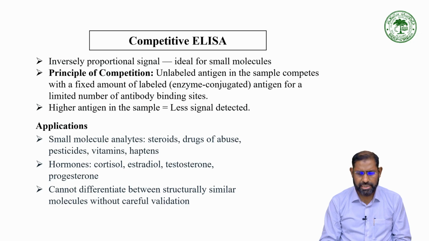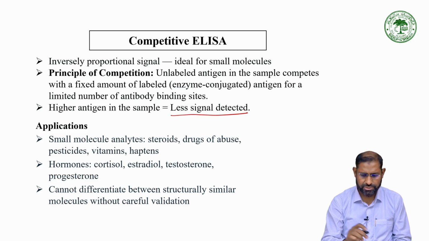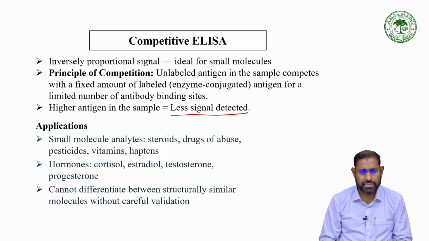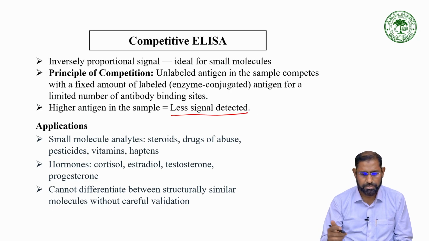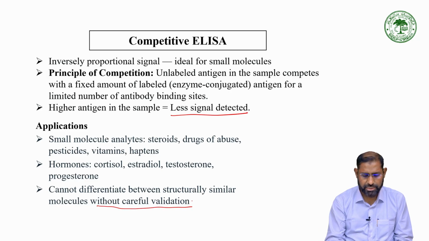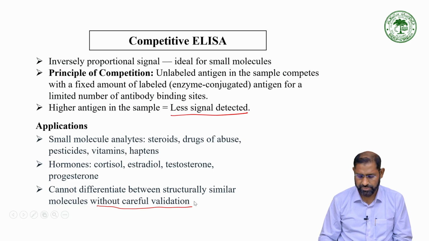Higher antigen in the sample means less signal detection. Applications: small molecule analytes like steroids, drugs of abuse, pesticides, vitamins, haptens, and hormones like cortisol, estradiol, testosterone, progesterone. A limitation of competitive ELISA is that it cannot differentiate between structurally similar molecules without careful validation.